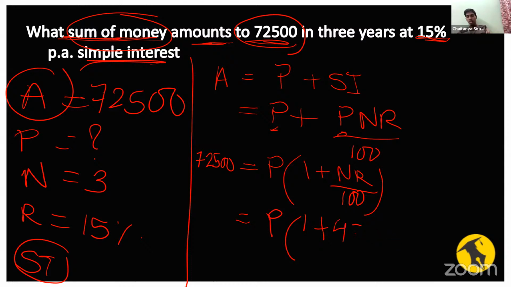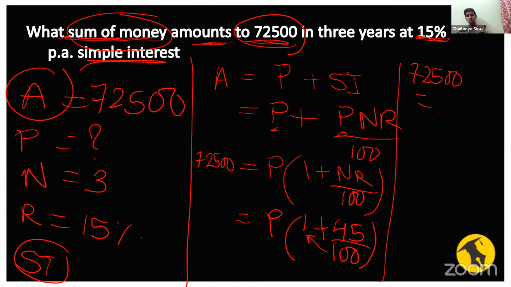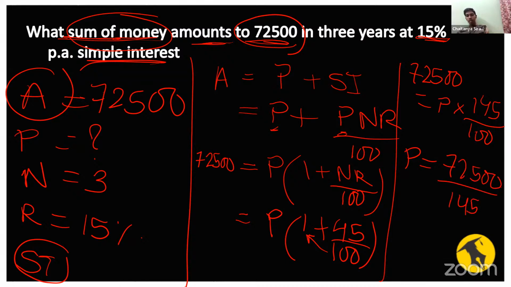upon 100. Now you can multiply by 100. So you will get 7,2500 into 100 equal to P into 100 plus 45, you get 145. And so for P, you can do 172500 upon 145, and here it would be 100 in numerator.